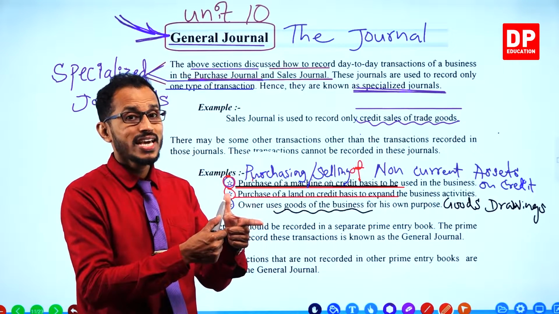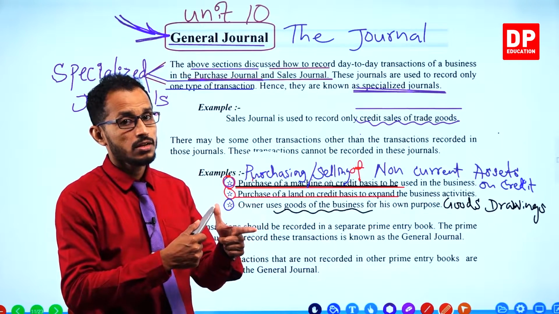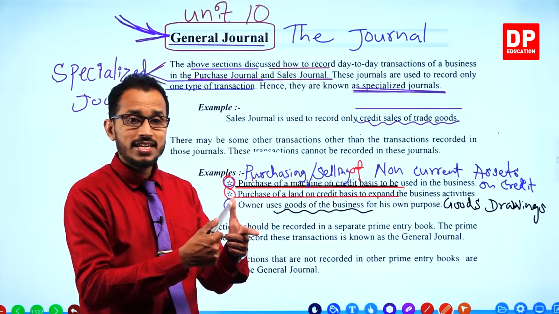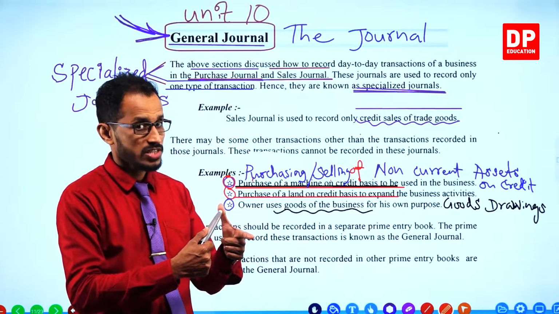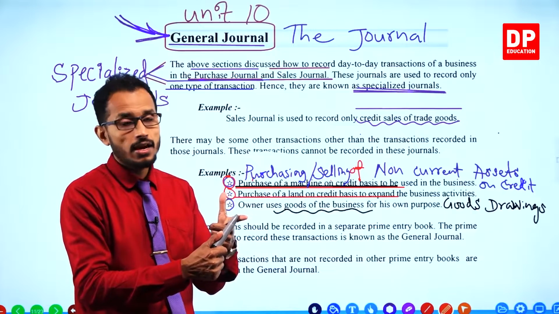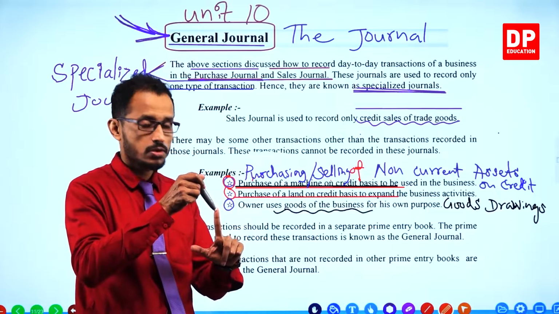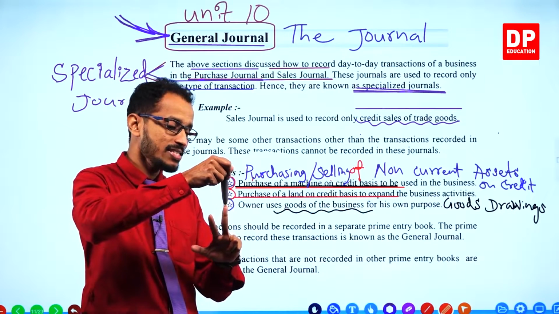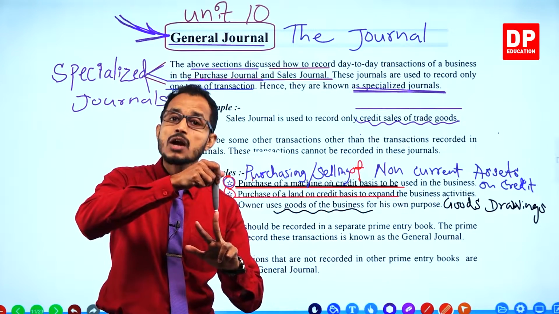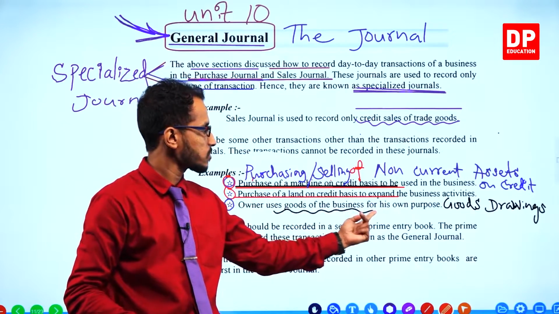That is also a cash drawing, but money is taken from the cash register, so it's recorded in the cash book. If you take money out of the bank account, it's recorded in the bank book, bank account, credit. But these are not cash drawings. These are goods drawings.